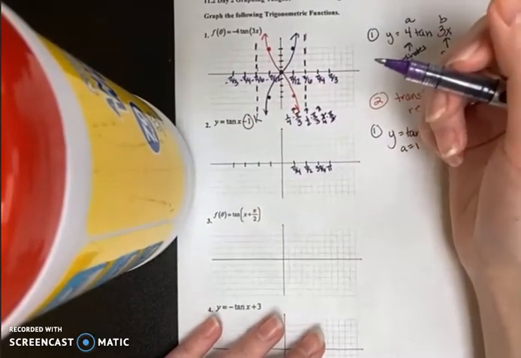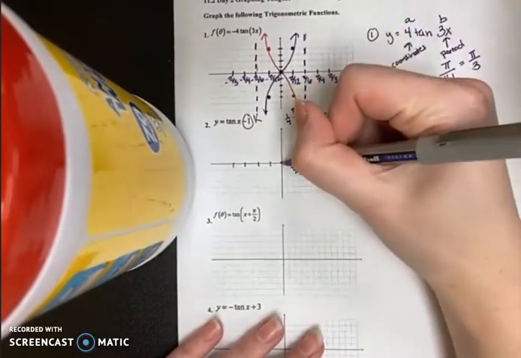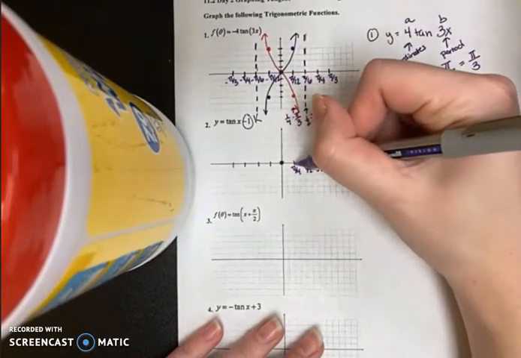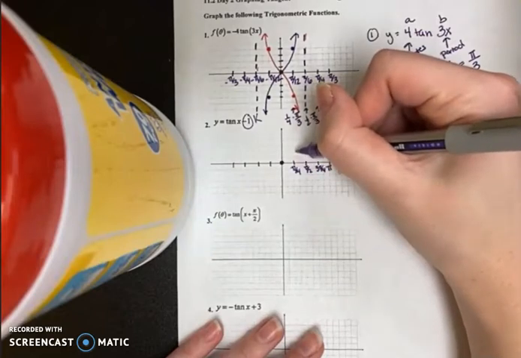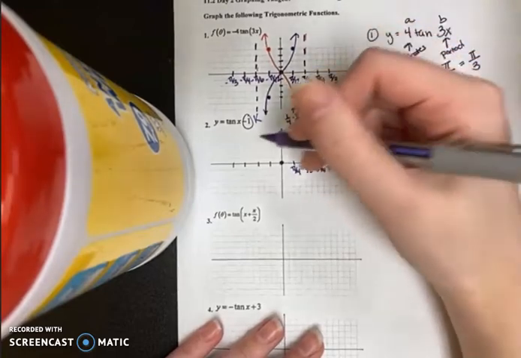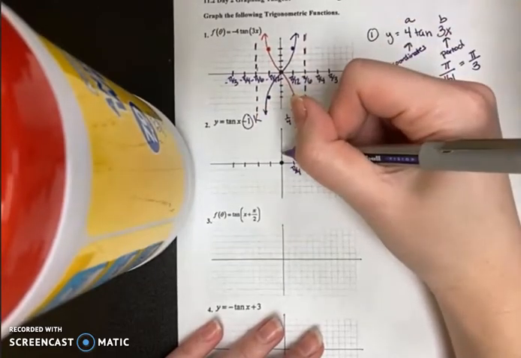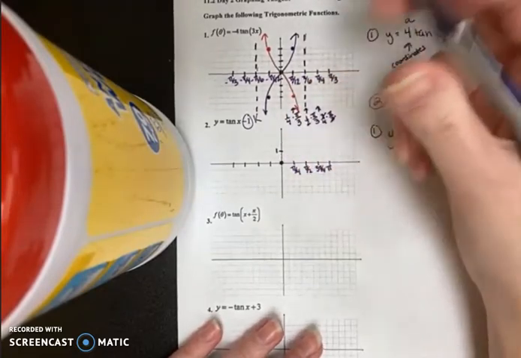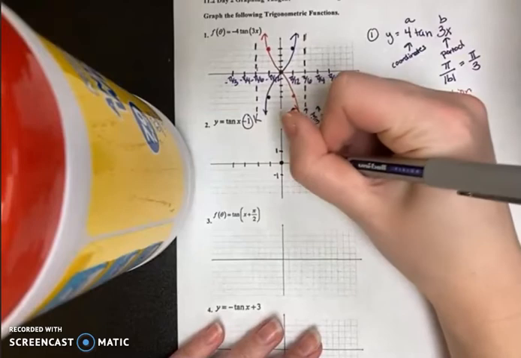But remember, I like to do the cycle where it starts at the origin. When I move right one tally mark, I'm going to move up whatever the a value is. Because it's just 1 and I'm going to end up moving it 1, I'm going to use a scale of 1/2. You could use a scale of 1. Honestly, it's just personal preference, however you want to set it up.